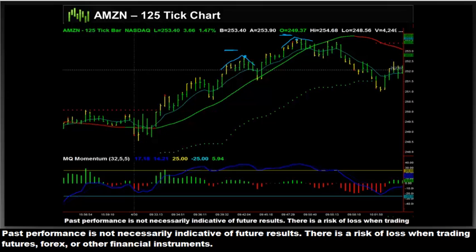Now, could prices poke up there and knock us out? Yes. You know, maybe next time you'll keep your stop a little bit wider, but usually when you look at the histogram bars, they provide you with some assurance that the prices may not go much higher. So you just kind of watch that. Right.